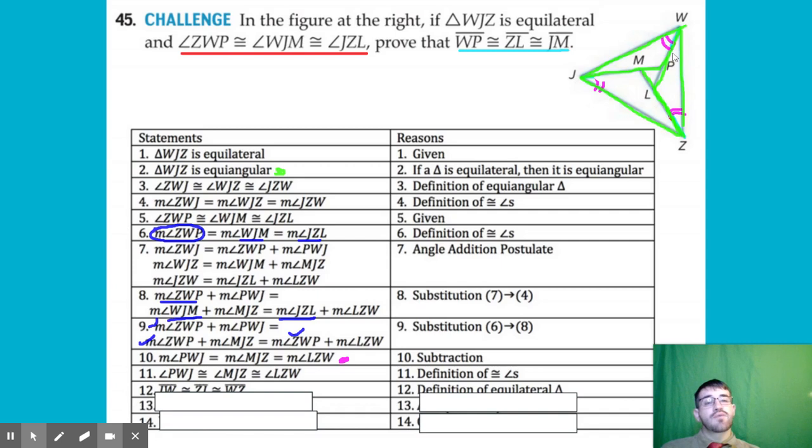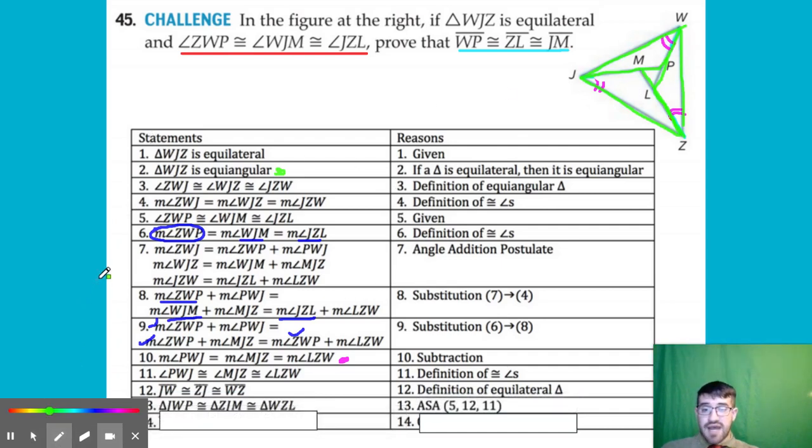And now if you look here, we have our angle, we have our side, and we can do ASA. We have ASA in statement 5, and I should have written these down. I'm sorry, I didn't. We have A, S, A, and so it's ZWP.